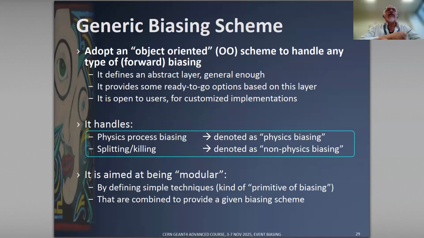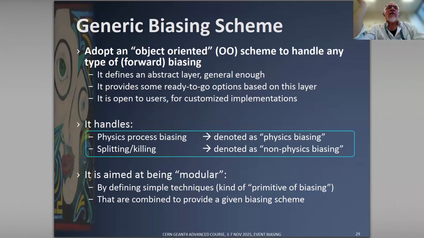what we have seen up to now is that we had in Geant4 various options, but often in a problem you may want to combine them, and it was not easy because they were designed, I would say, separately. So the idea of the generic biasing scheme is to have a general scheme that accommodates all these forward biasing techniques.